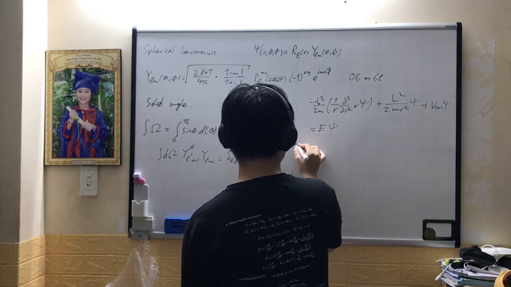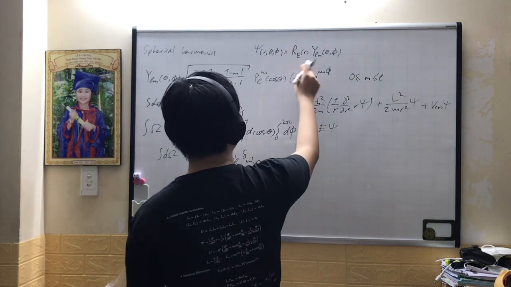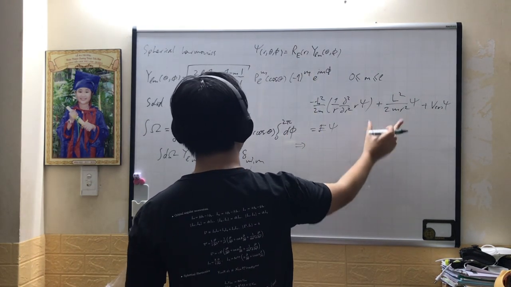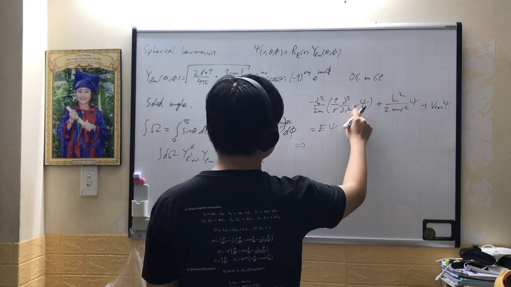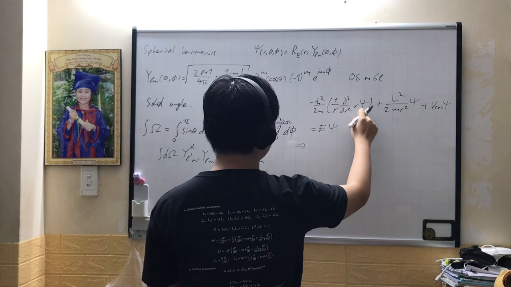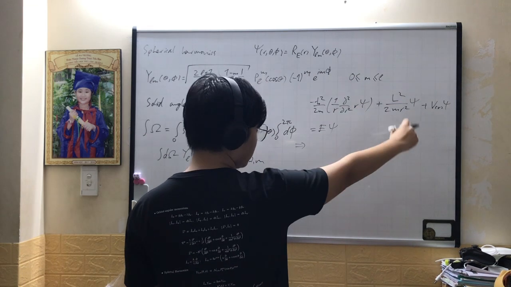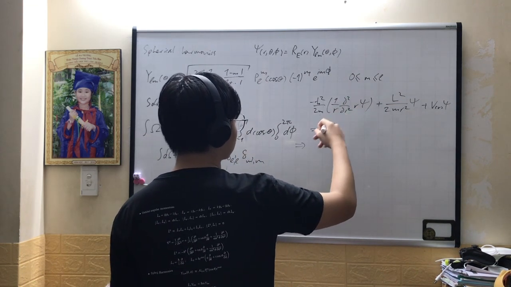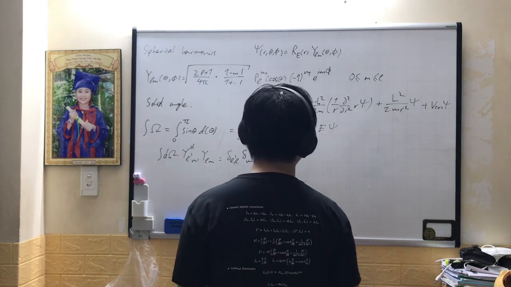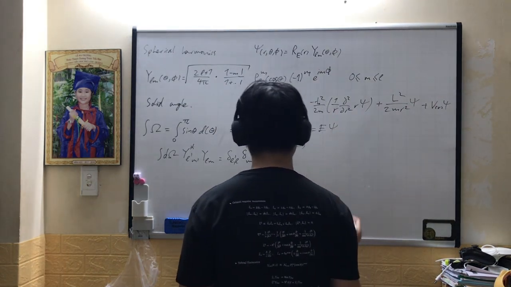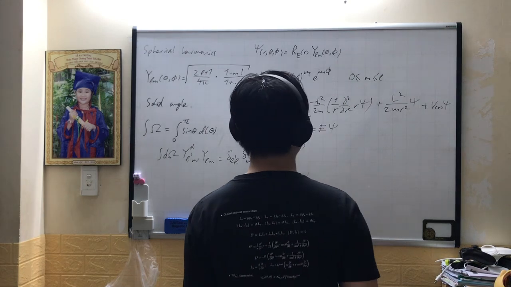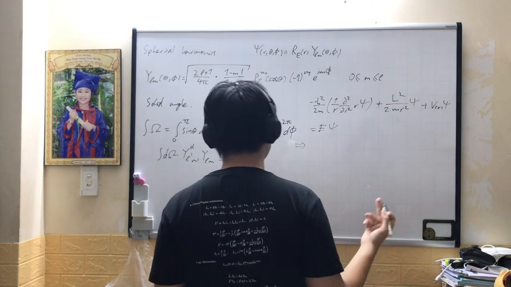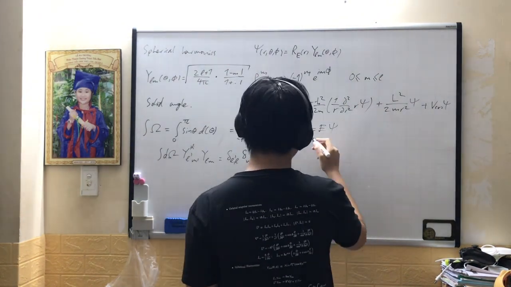So you take psi and expand it into r. What you get is this term is going to be just R, and R, and R. With that we multiply by r to get rid of this term and get R on every term here.